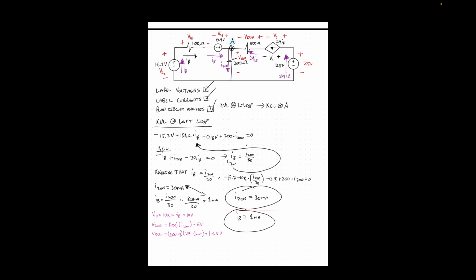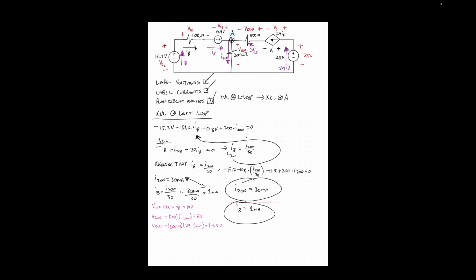So, minus V500 minus VC plus 25 minus V200 is all going to equal 0. Subbing it in, 0 equals minus 14.5 minus VC plus 25 minus 6, and my VC will equal 4.5 volts.